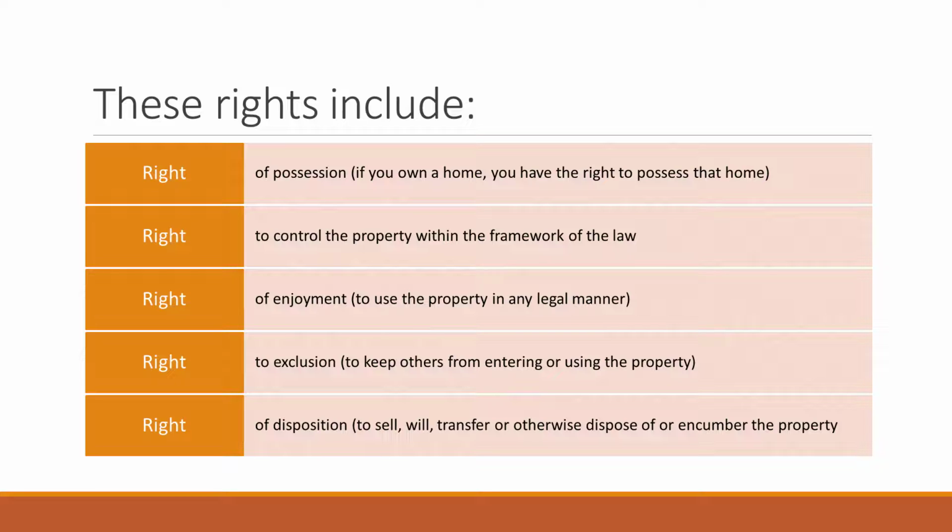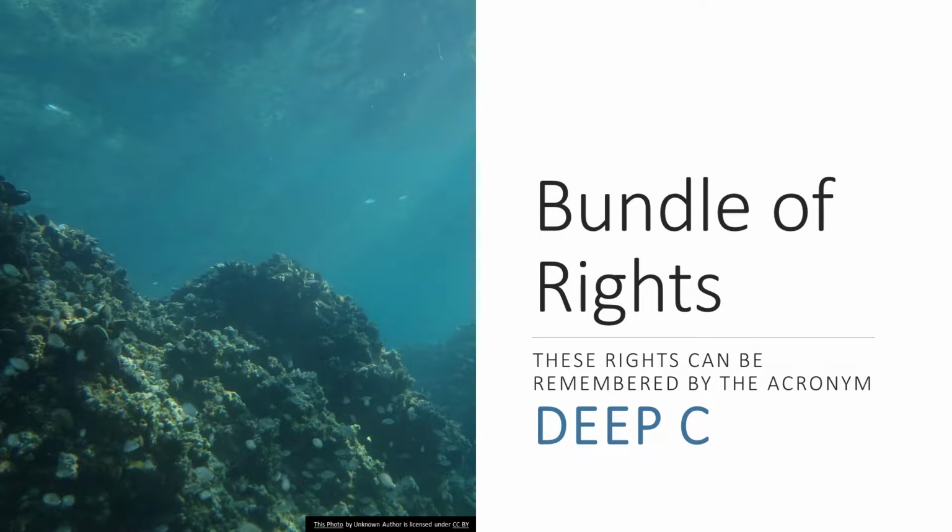Other rights include right to control the property within the framework of the law, right of enjoyment, to use the property in any legal manner, right of exclusion, to keep others from entering or using the property, and the right of disposition, to sell, will, transfer, or otherwise dispose of or encumber the property. These rights can be remembered by the acronym Deep C.